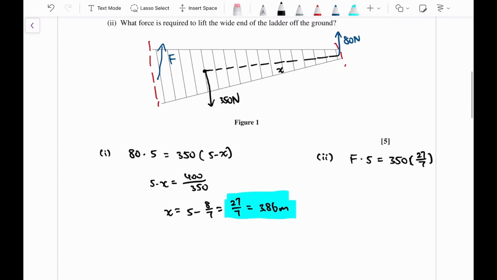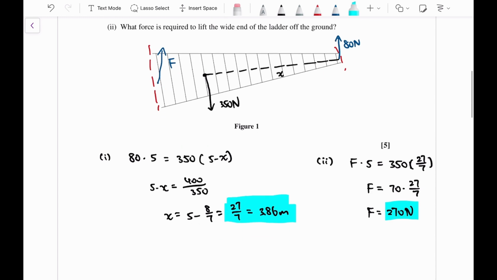It's calculated from the previous question, and therefore F will be 70 times 27 over 7. So therefore F will be equal to 270 newtons. And this will be the answer to the second component of the question.